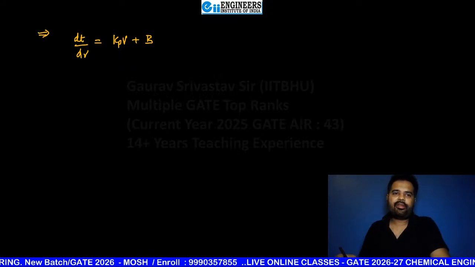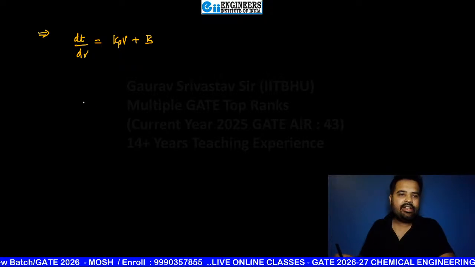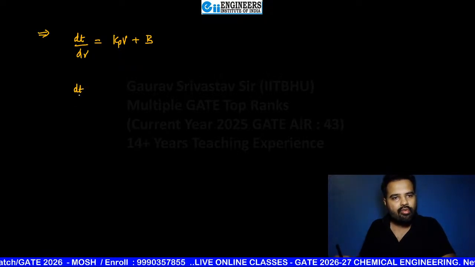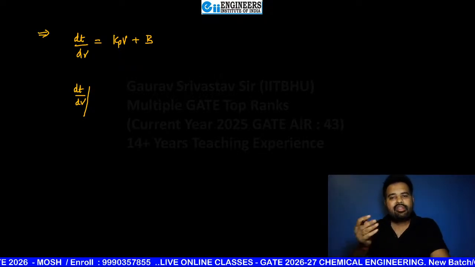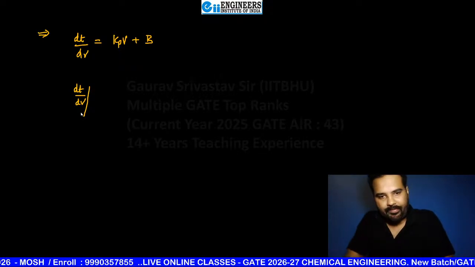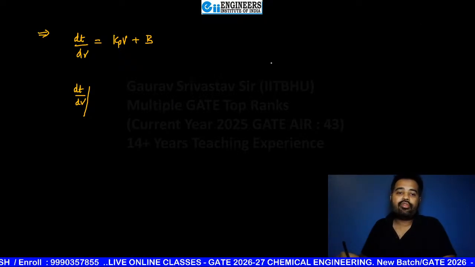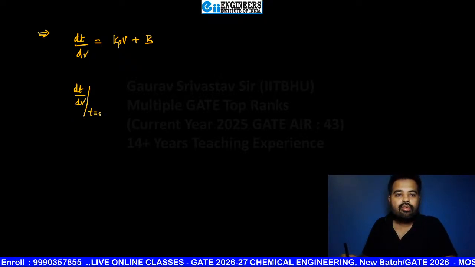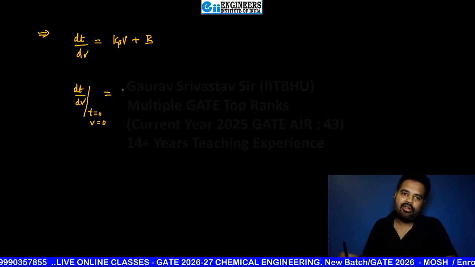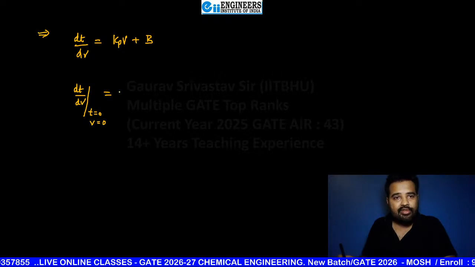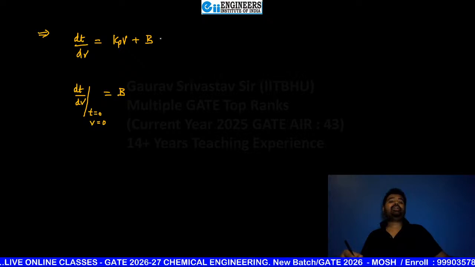Suppose I am writing this dt by dv value when time has just started, that means time t equals 0 and v equals 0. When time is 0, v is also 0. What will happen with this equation? It can be written as 0 plus b, that means just b.